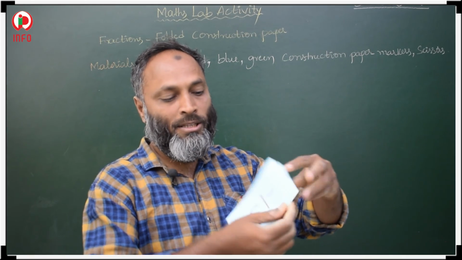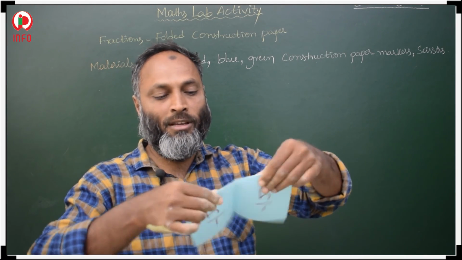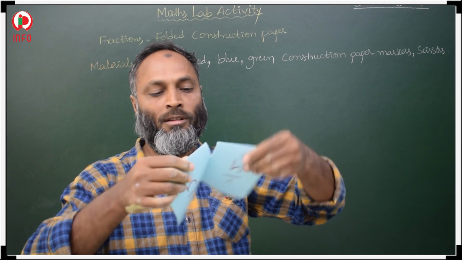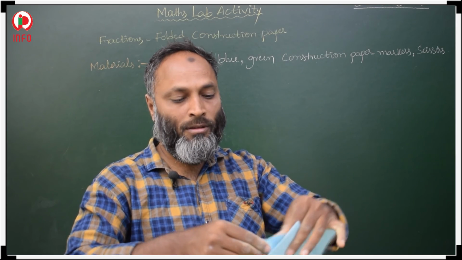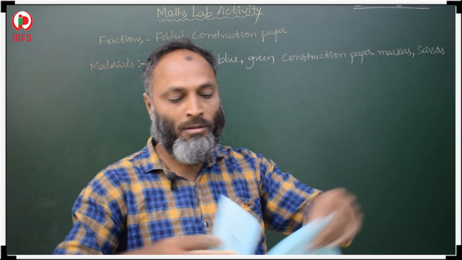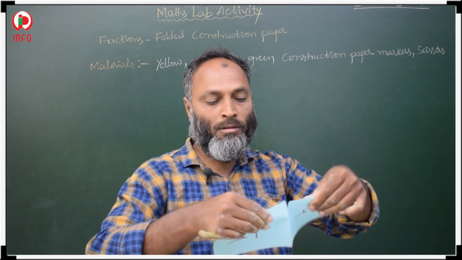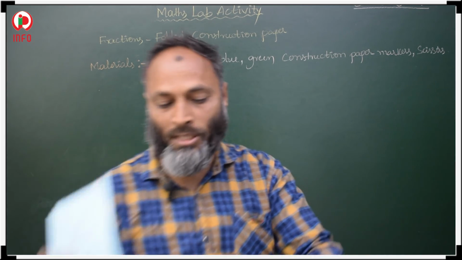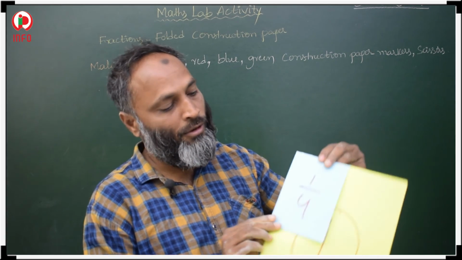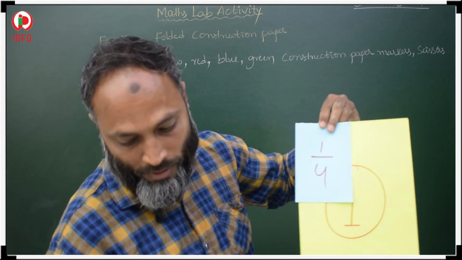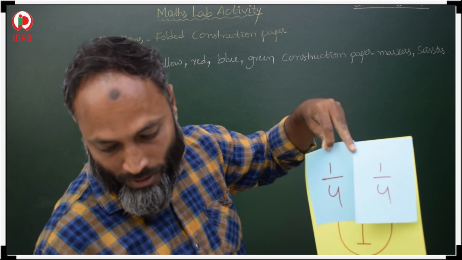Similarly, with 1/4 and 1/4, cut with a scissor or with your hands. Like this, and here 1/4, and here 1/4, and one more 1/4. See here, on this paper, use your paper clip and check.